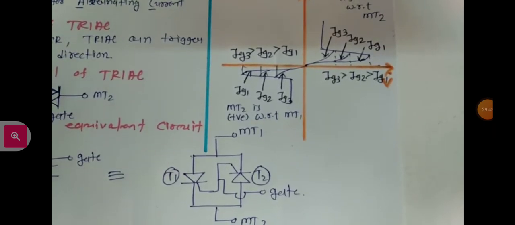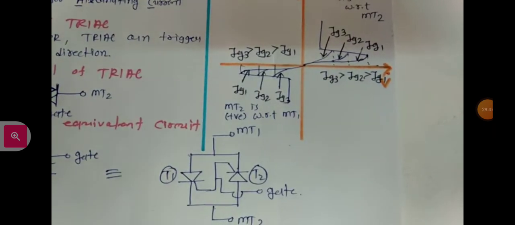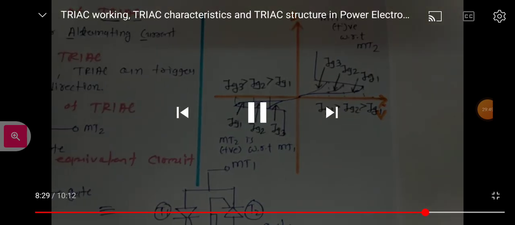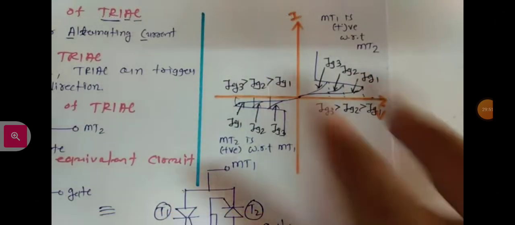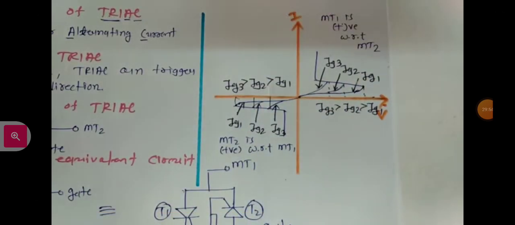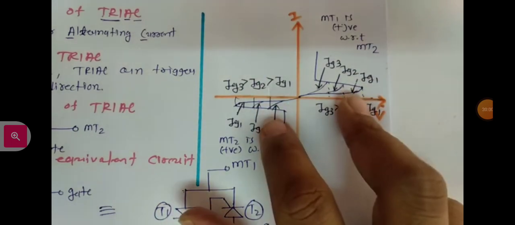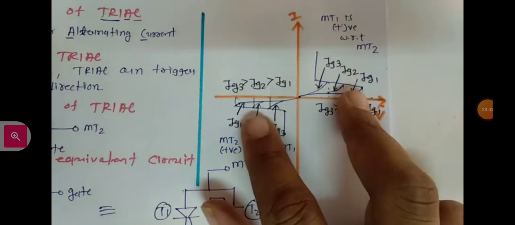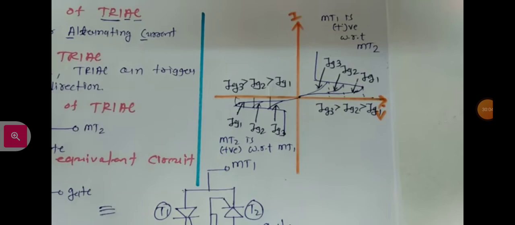So that is how we have the triac, a bidirectional device that is controlled in both directions. This is how it differs from SCR. A diac is also a bidirectional device but there is no gate control, whereas a triac is a bidirectional device with gate control.